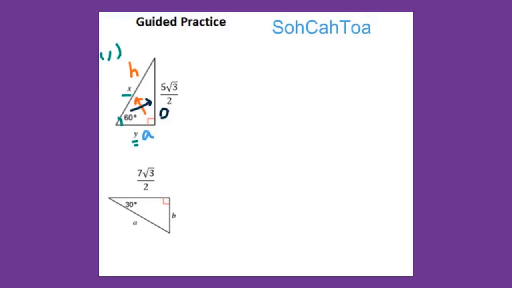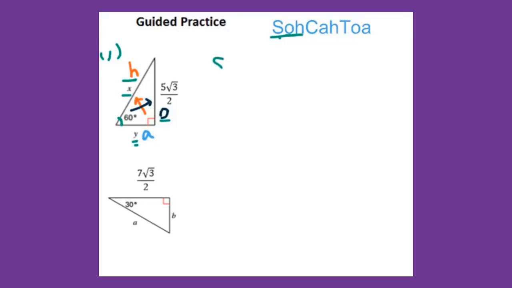If I want to work out that X, what's given? O is given. Then X will be H, hypotenuse. So OH, I go to sine.